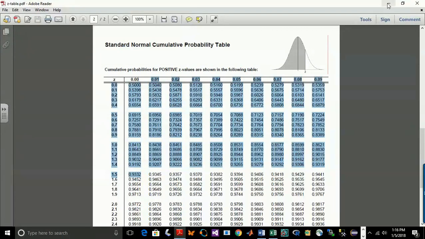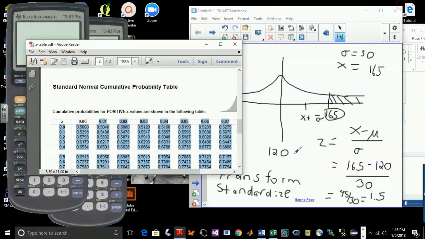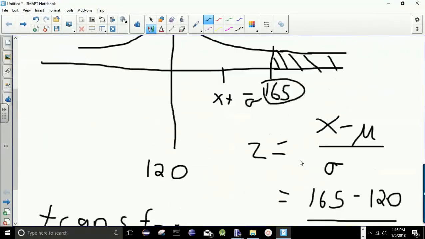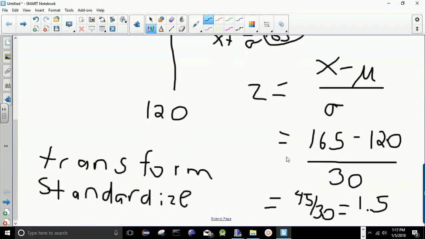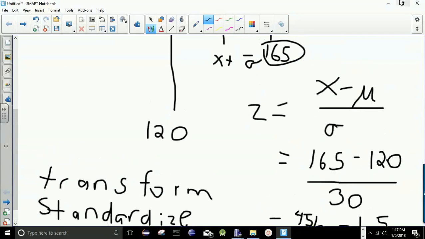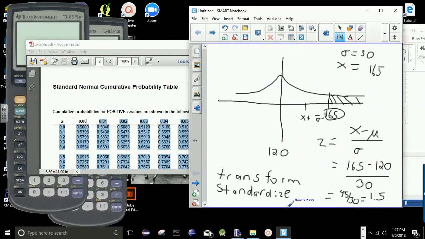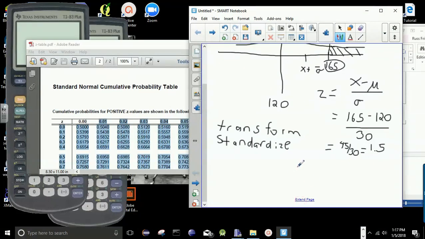Let's go back to our chart. So the z-score from the probability distribution table, you would write the probability that z equals 1.5 is equal to 0.9332.